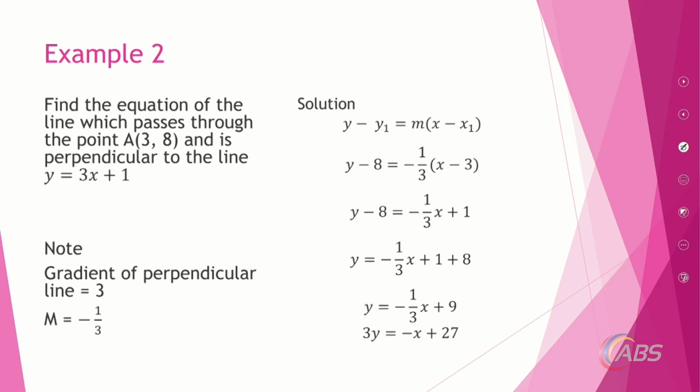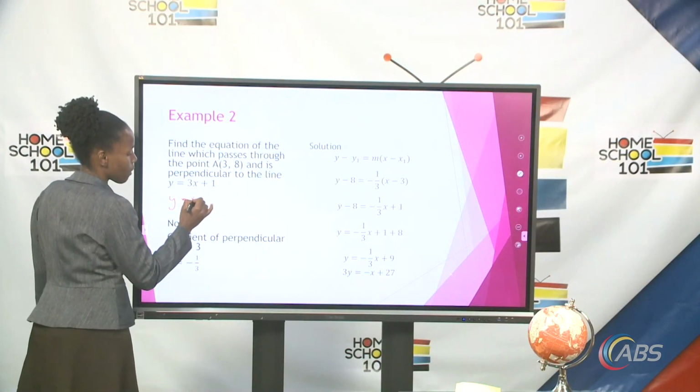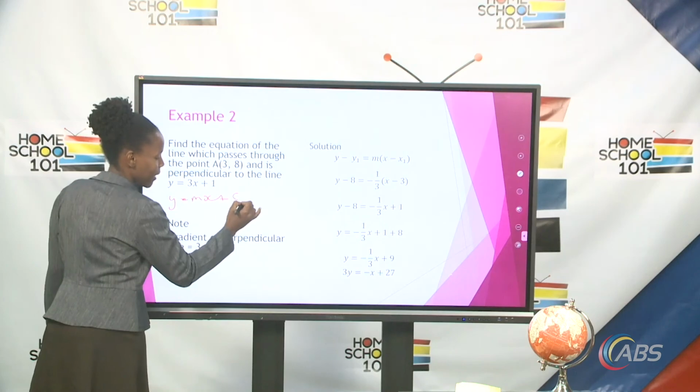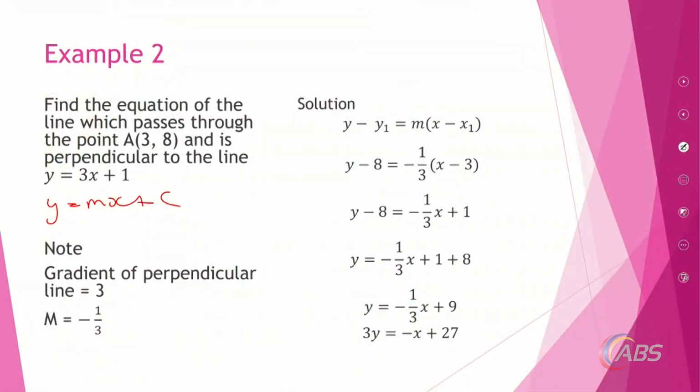Now the key thing, it speaks about a perpendicular line. So in the form y is equal to mx plus c, we know that the gradient here would be 3. We are told that the equation that we're trying to find is perpendicular to this line.